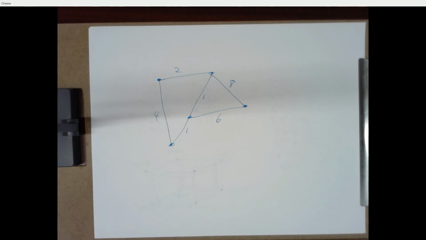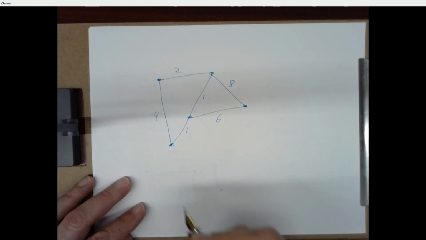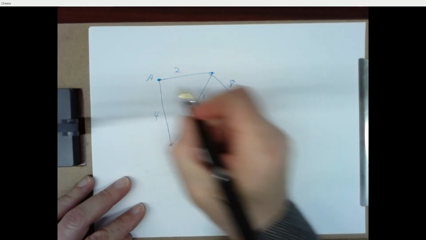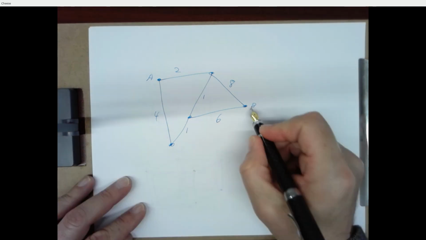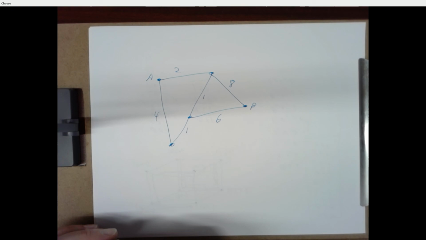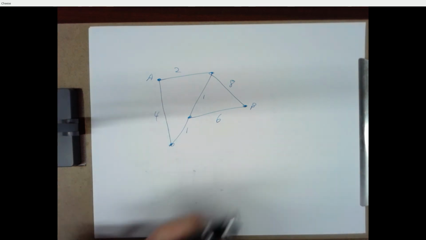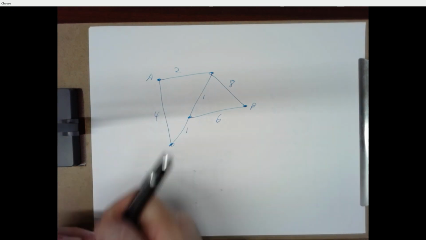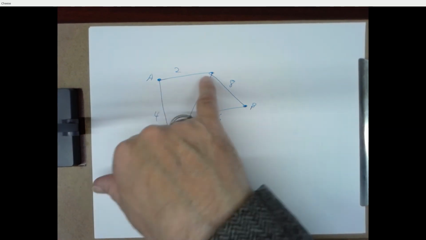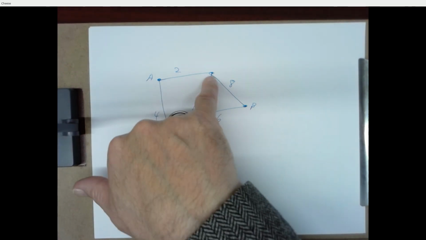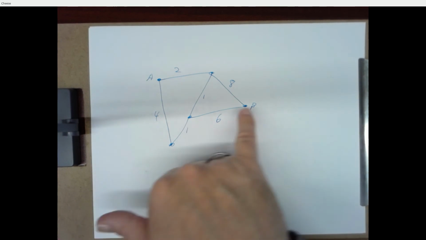So suppose we have a weighted graph like this, and we want to travel from some vertex A to another vertex B. And we want to find the shortest path from A to B, where shortest means in terms of adding up the weights or the lengths of these edges. And there's multiple ways to get from A to B. We could go from A to this vertex to B. We could go from A to this vertex to B.